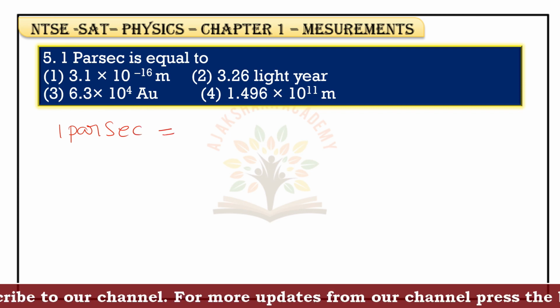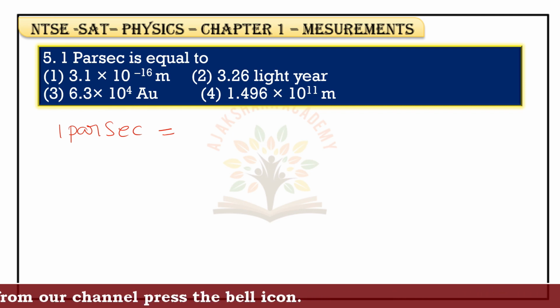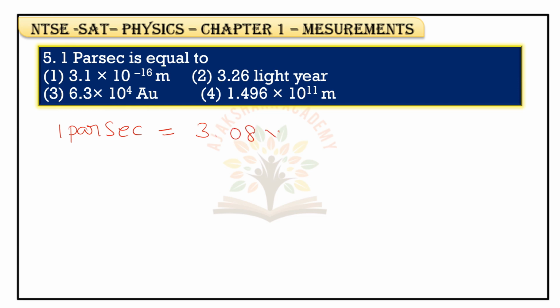Here in these 4 options, which one is correct? Now let us discuss. 1 parsec is equals to, in terms of meters, 3.08 into 10 to the power of 16 meters.